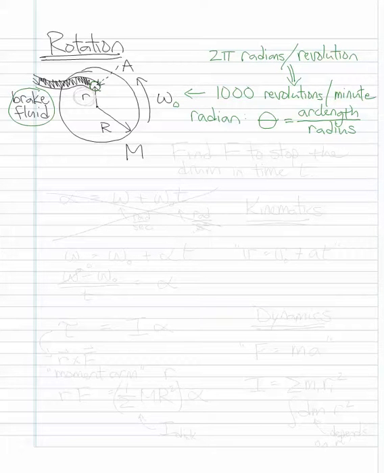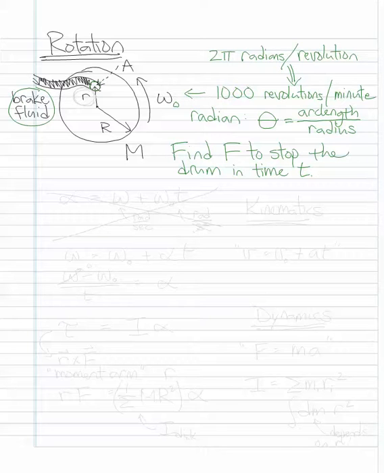And let's take as step 1, find the force required to stop the drum in, let's see, it was given as a time, so in time t. Okay, so let's see.